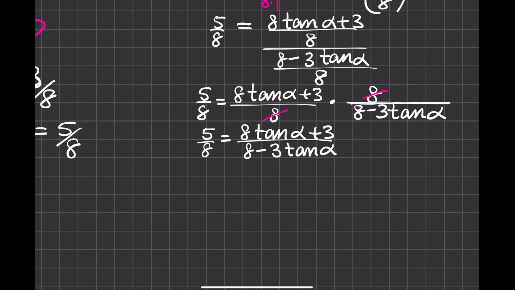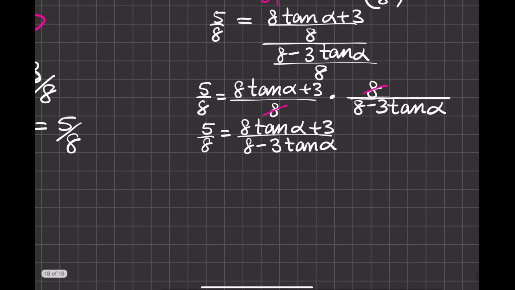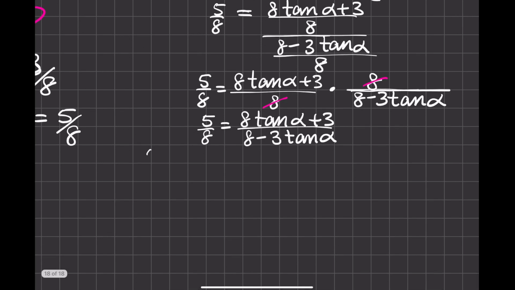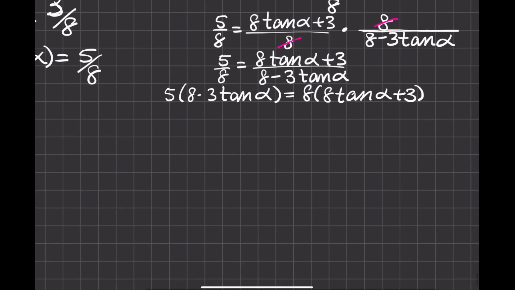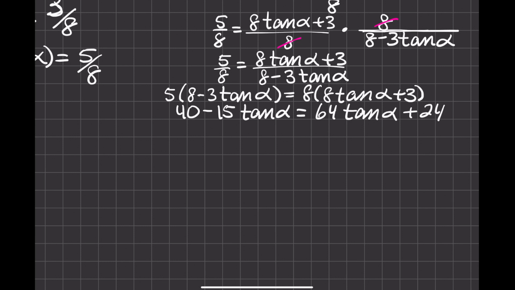but you cannot solve for a variable when it's in the denominator of a fraction, of course. So we're going to multiply out, basically kind of like cross multiply, and we're going to get 5 times 8 minus 3 tangent of alpha is equal to 8 times 8 tangent of alpha plus 3, giving us 40 minus 15 tangent of alpha is equal to 64 tangent of alpha plus 24.